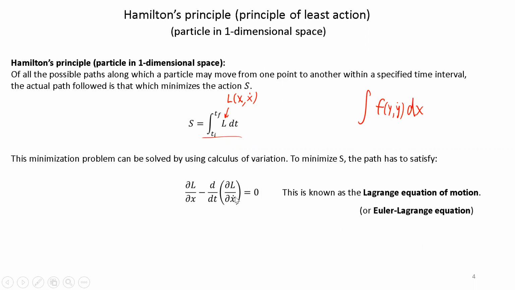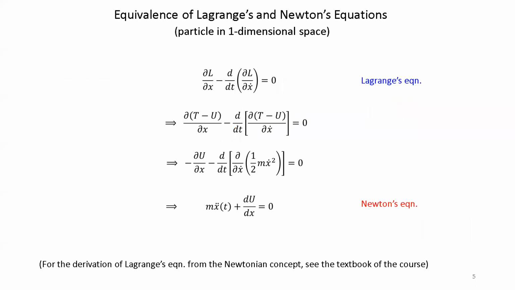What you'll soon see is that the differential equation that comes out from this Lagrange equation of motion will be consistent with the differential equation of motion that you obtain from Newton's second law. And here I will show that it is indeed the case.